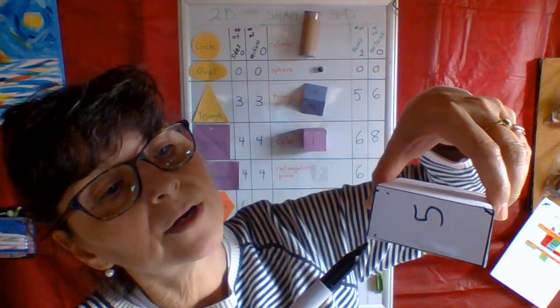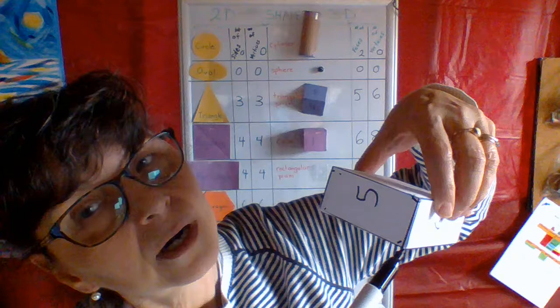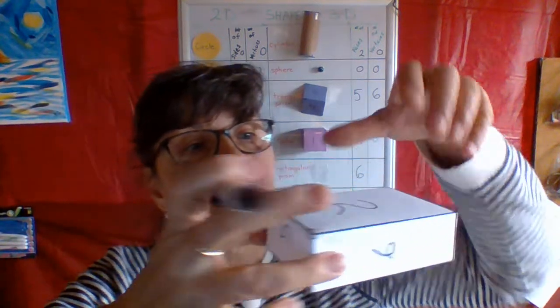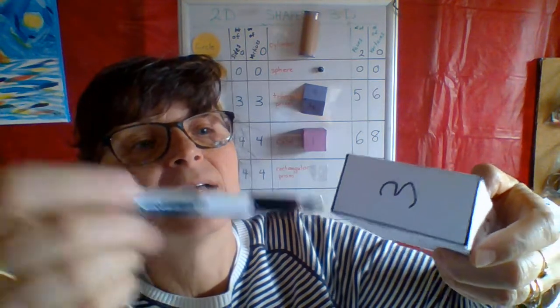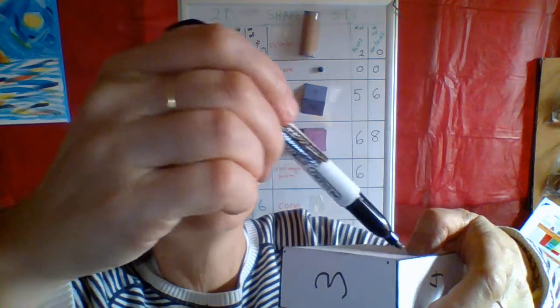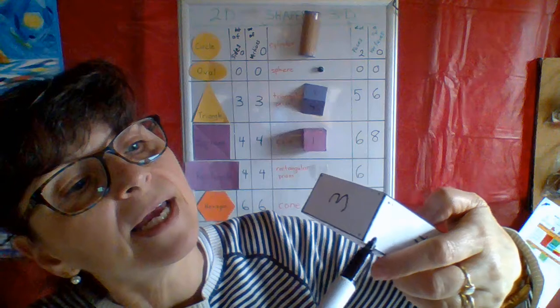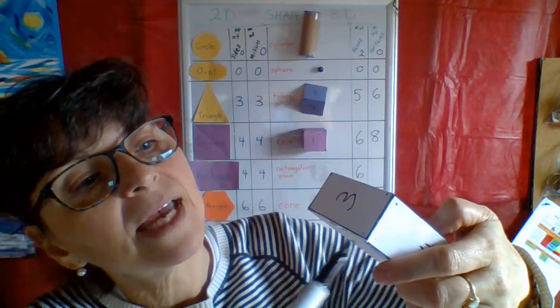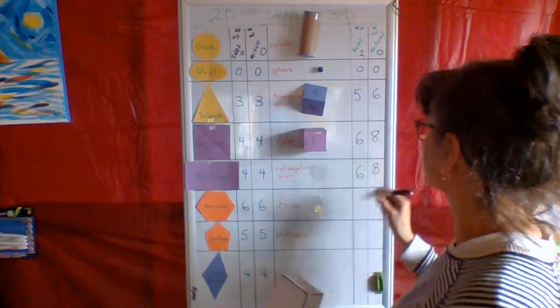We're going to go down here, 3, 4. Then I'm going to turn it around, 5, 6, 7, and down here, last corner, 8. So we have 8 vertices on our rectangular prism.